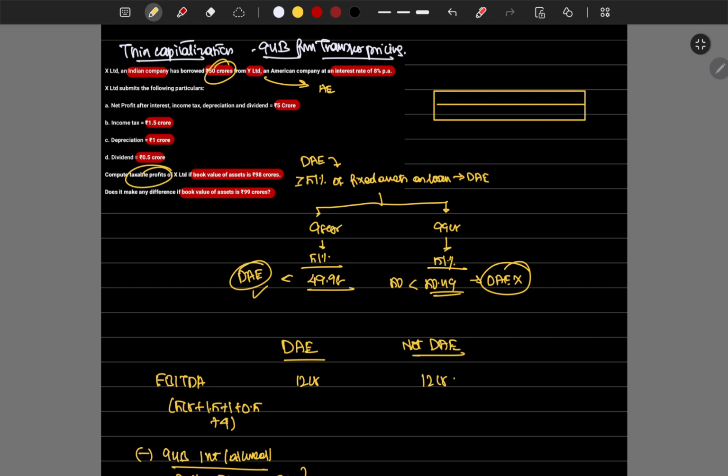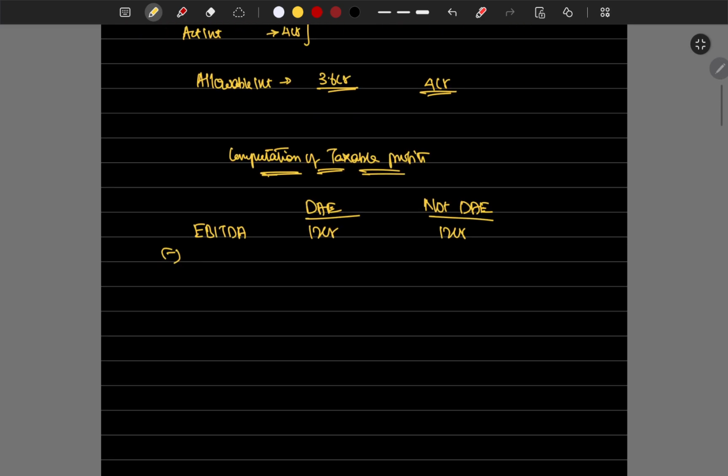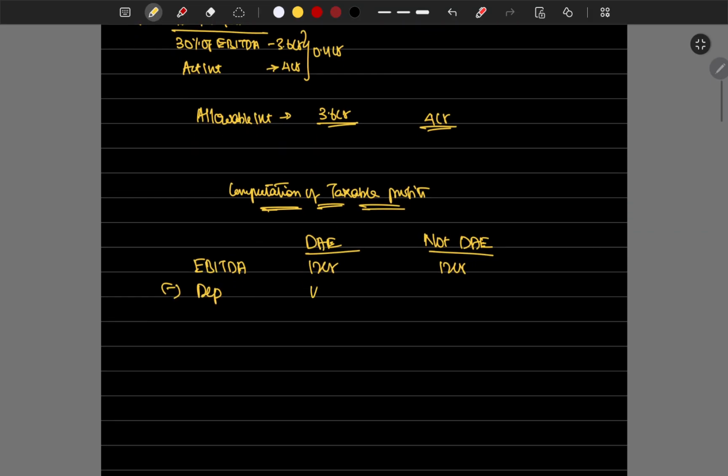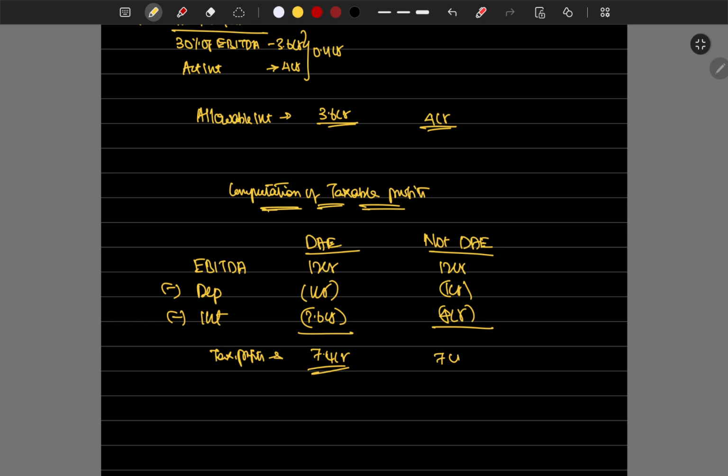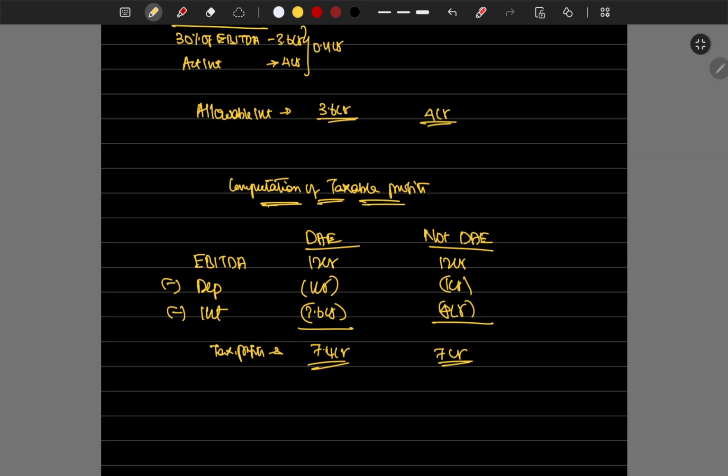Since we are going to calculate the taxable profits, we are not taking that also. Depreciation is how much? 1 crore. Minus allowable interest, which is 3.6 crore for DAE and 4 crore for not DAE. So total taxable profit is 12 minus 1 minus 3.6, which is 7.4 crore in case of DAE. And 12 minus 1 minus 4, which is 7 crore in case of not DAE.